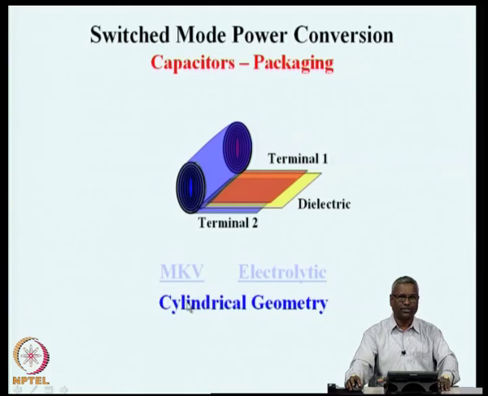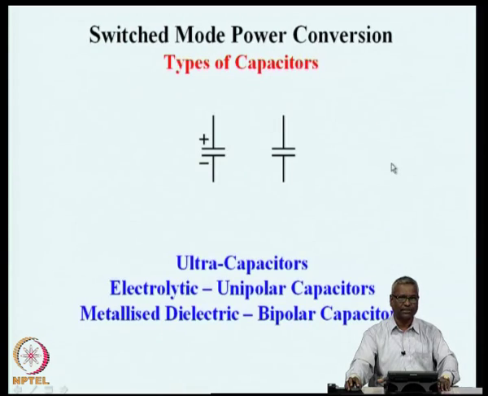With this cylindrical geometry it is packaged inside appropriate cans with insulations and so on. This is the prevailing geometry which is used for capacitors in most power electronic applications.